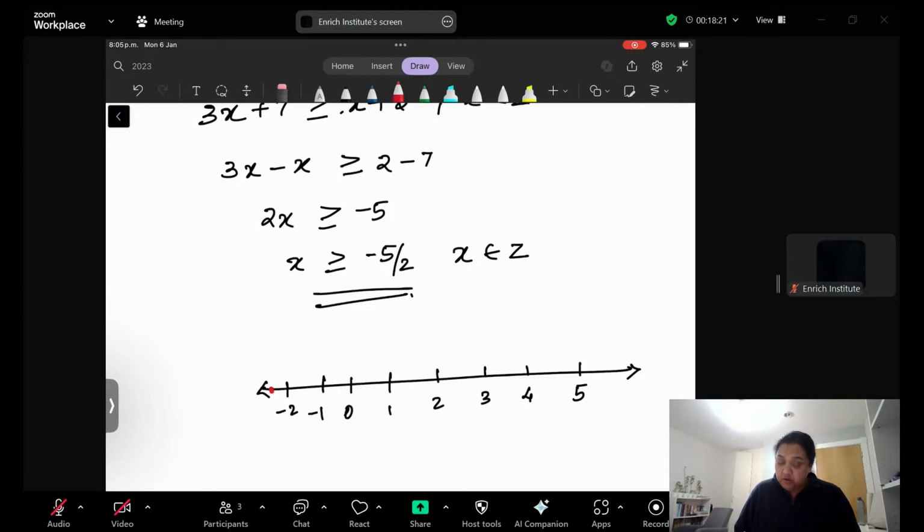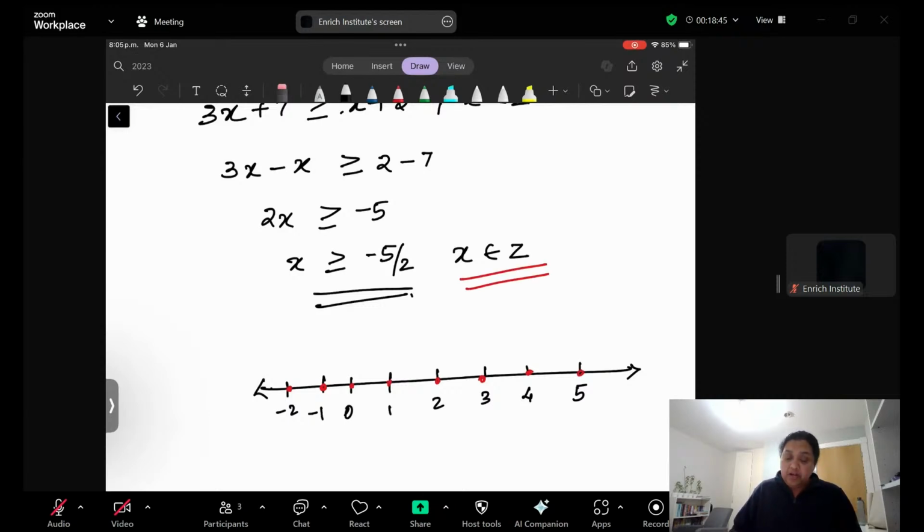So you have to plot all the whole numbers after minus 2.5, that is because you are plotting it in Z. You are plotting with the Z numbers, minus 2, minus 1, 0, 1 and 2.